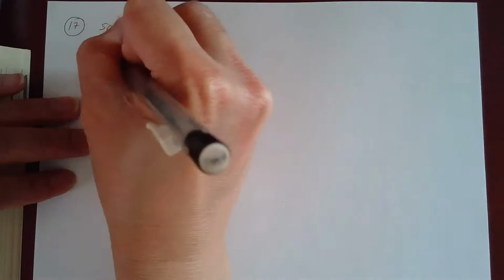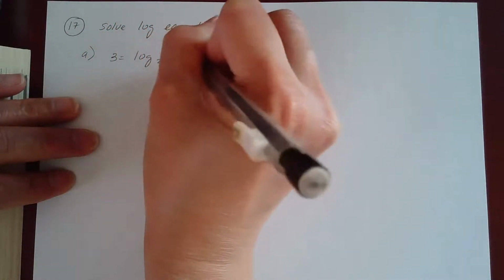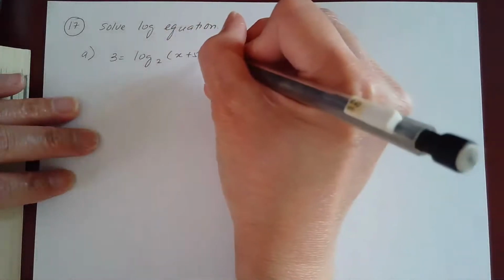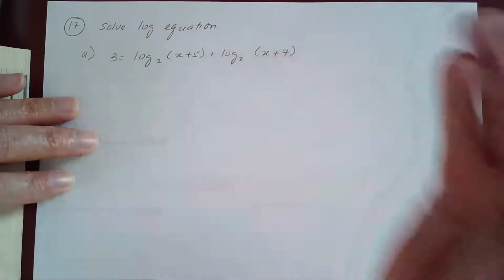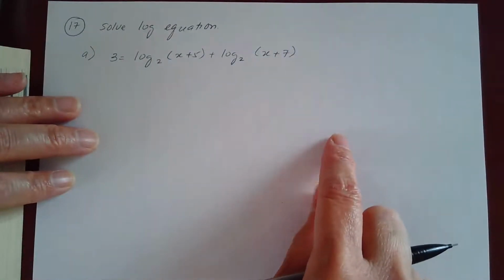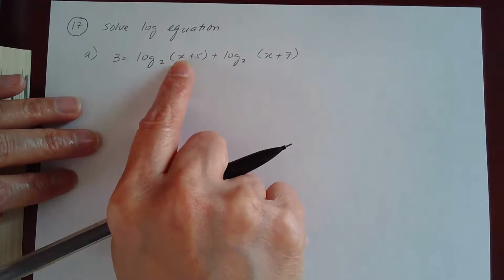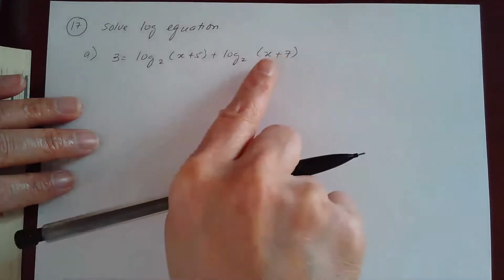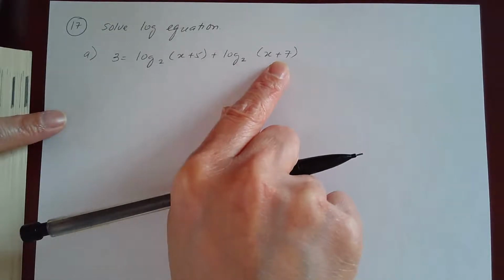Logarithm equation. So 3 equals log base 2 of x plus 5 plus log base 2 of x plus 7. So what are we going to do here? We have x plus 5 and then x plus 7. So how can we go about this one?